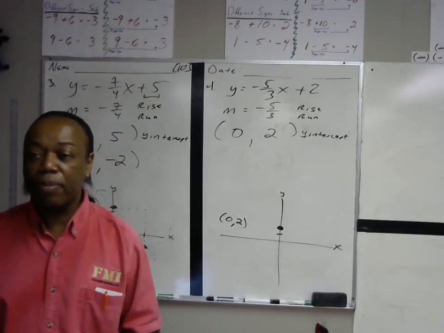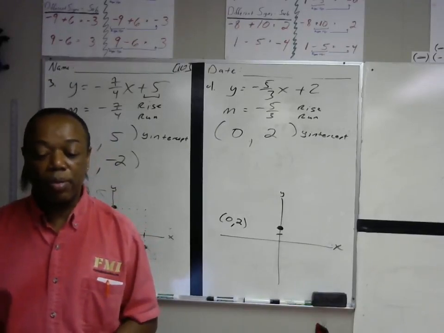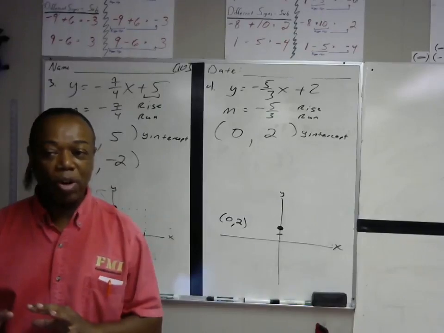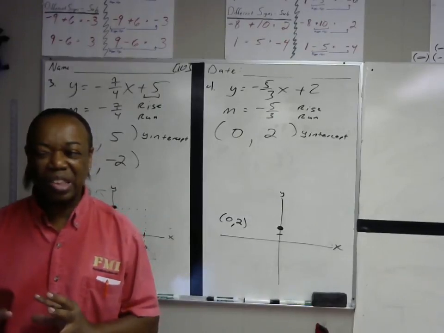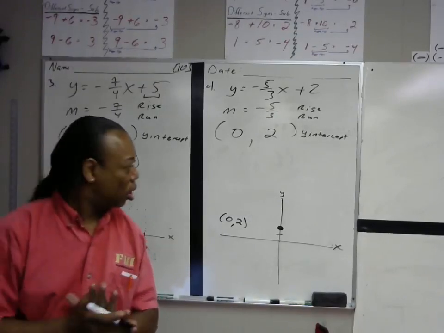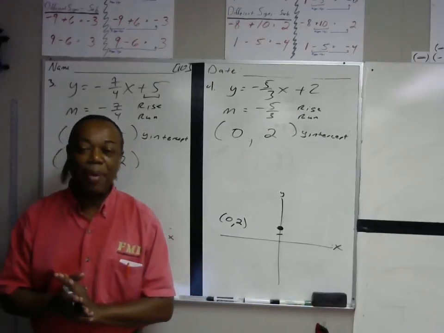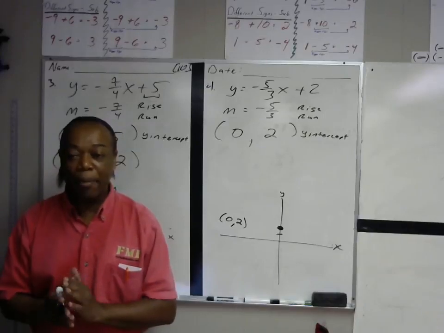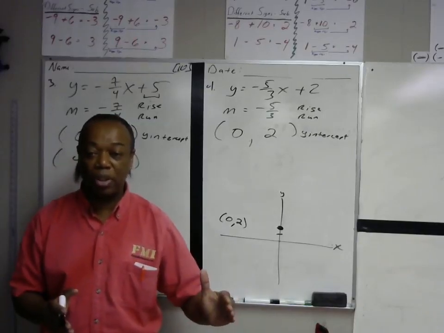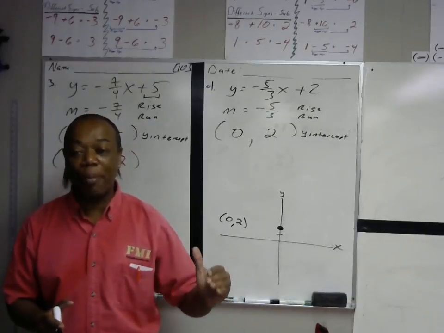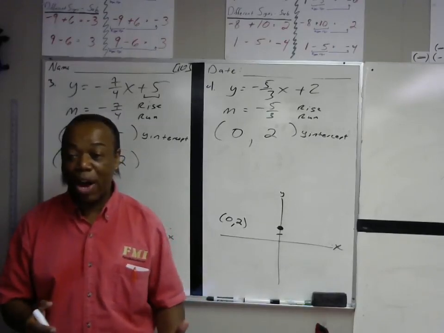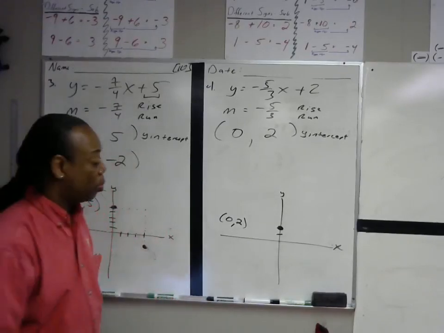Are you guys with me? Sort of? Okay, we can handle it. This time, to create my next point, I'm going to run over 3 times, and then I'm going to drop down 5 times to find my next point.